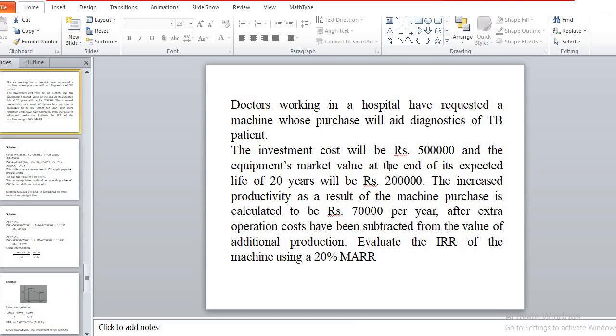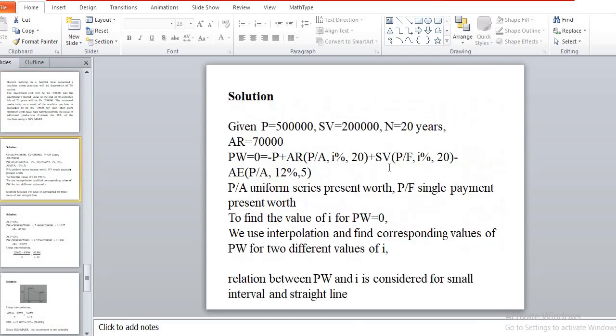So here they have given some quantities: an investment of 5 lakh.